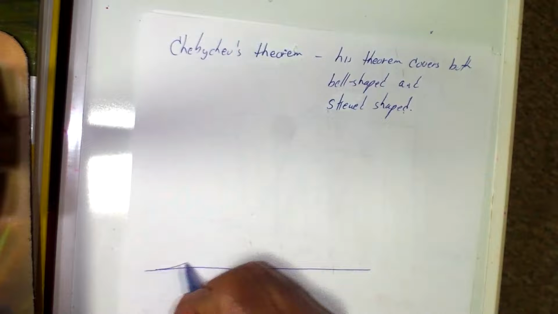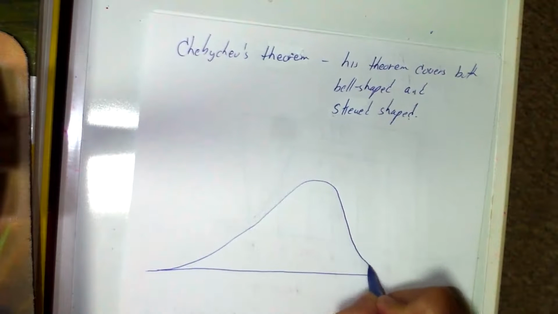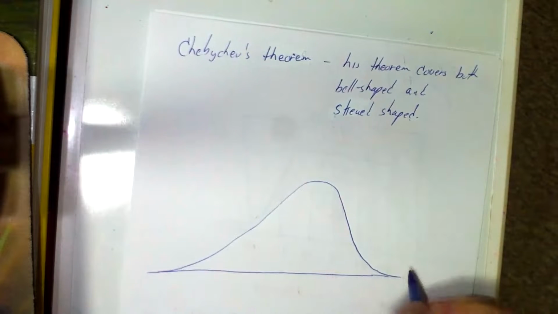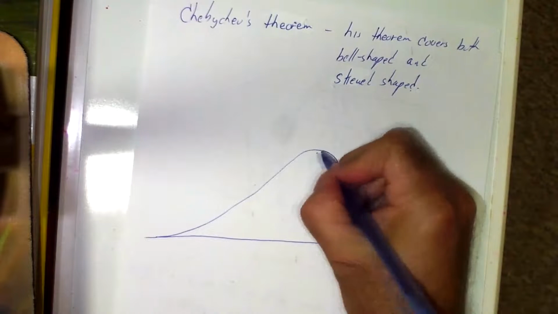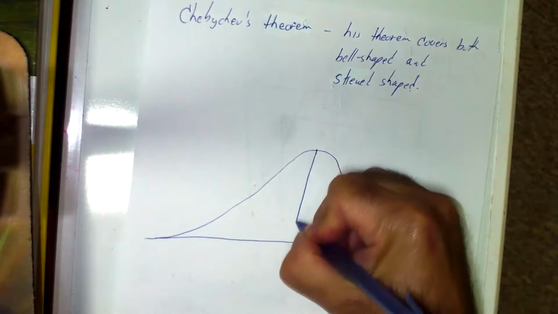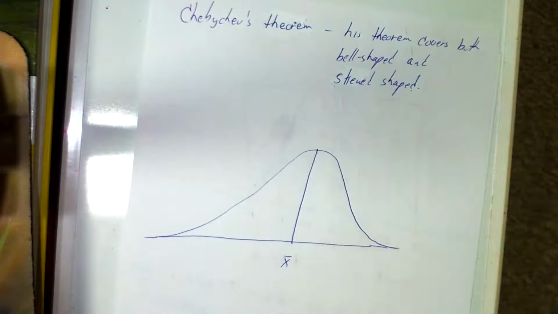So I'm going to draw another normal curve, bell shape. And his theorem goes like this. He agreed that in the middle you have your mean, totally in agreement.